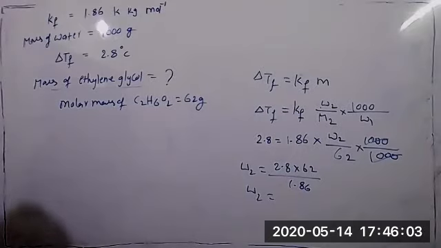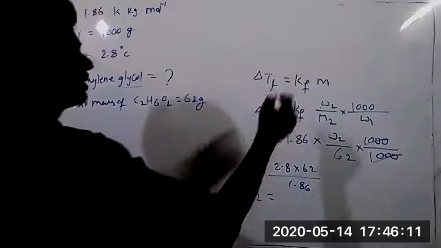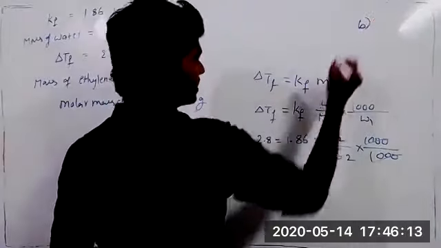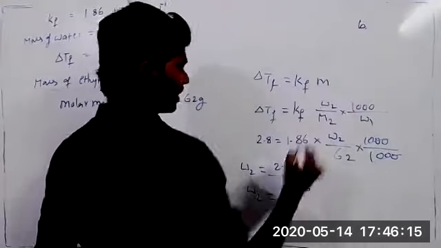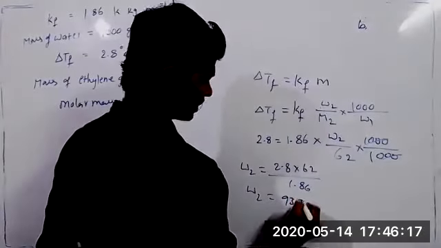So 93.33. Okay, 93.33. So option B is correct. The answer B is given as 93. Yes, closer value only. So 93.33, correct.